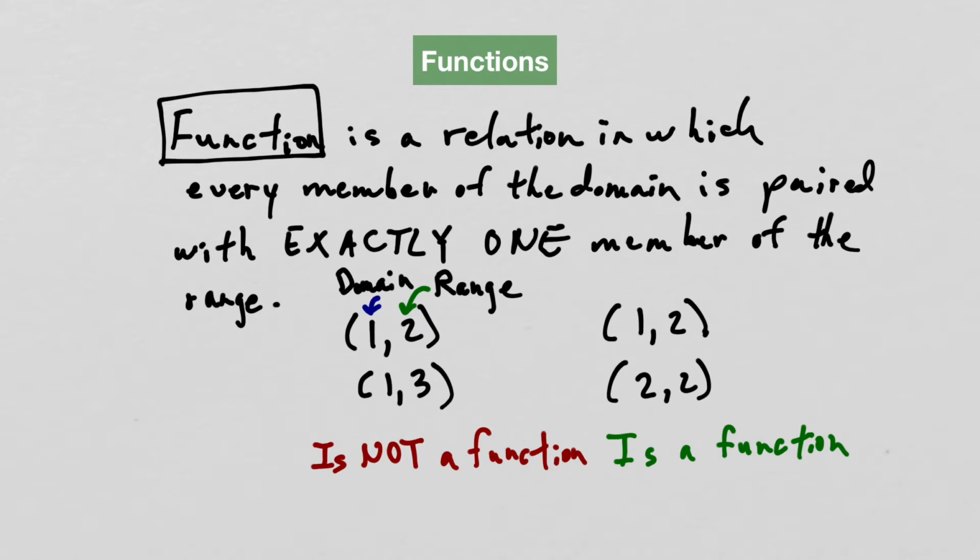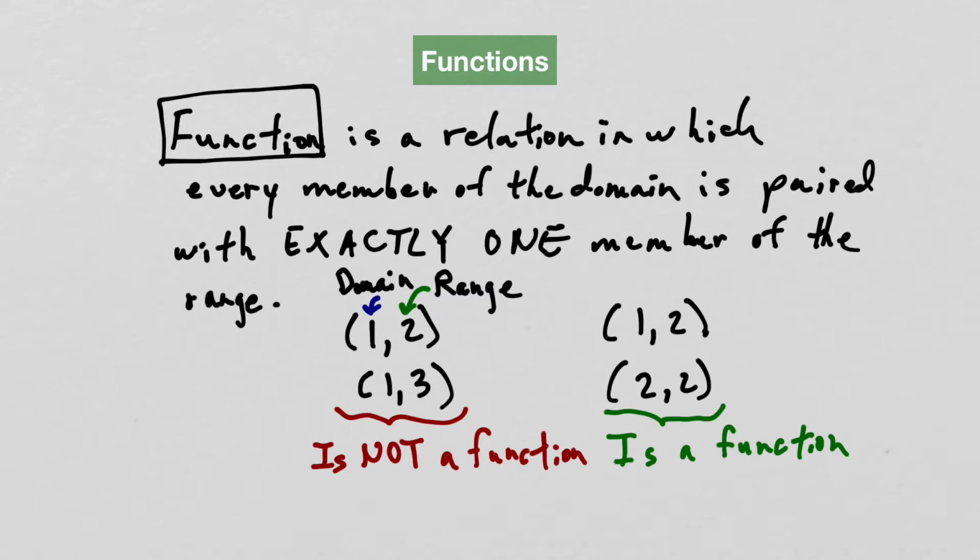So in this case, 1 comma 2, 1 comma 3 is not a function. However, 1 comma 2 and 2 comma 2 are a function.